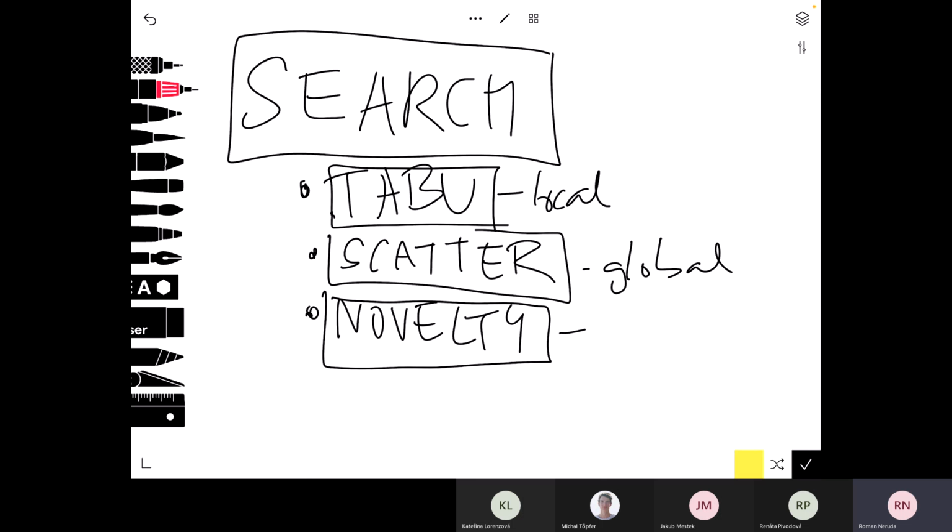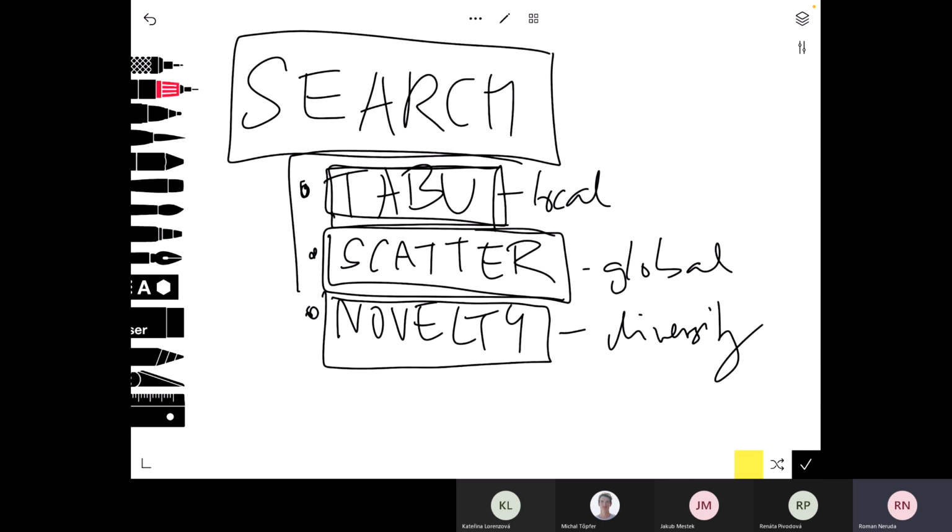So the diversity and novelty, as this is called, is the common theme in all those algorithms. So that's the program, and let's start. I will historically start with Tabu search, and then we'll move on to scatter search.